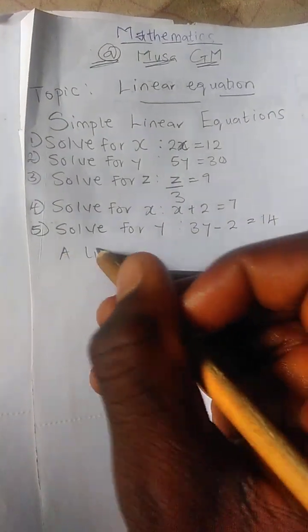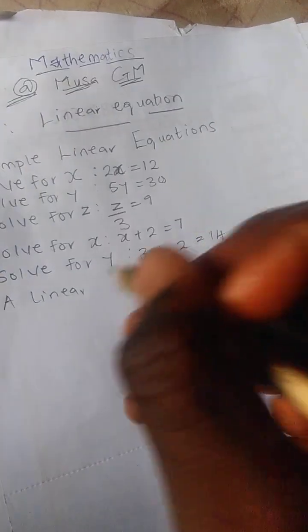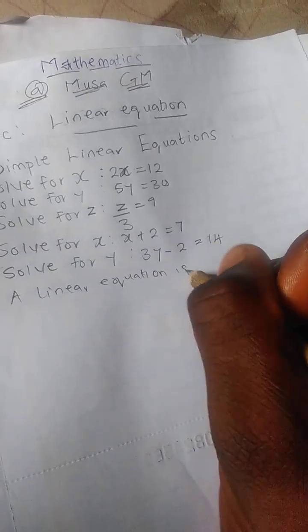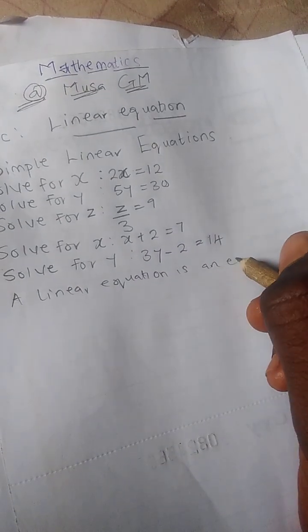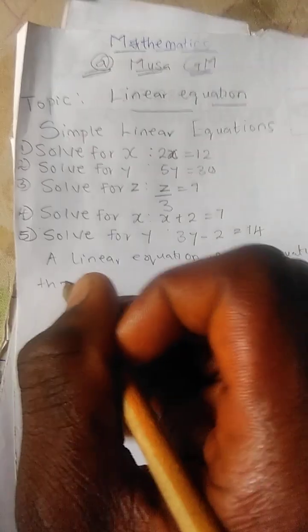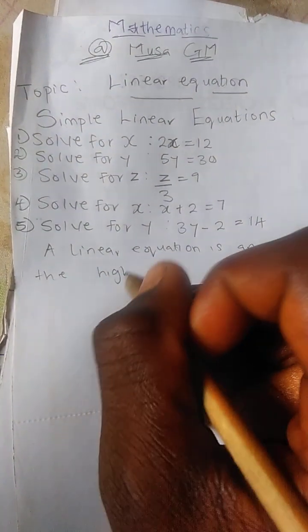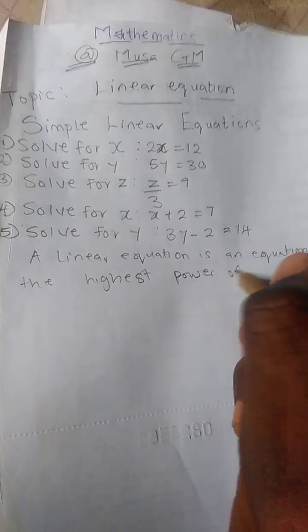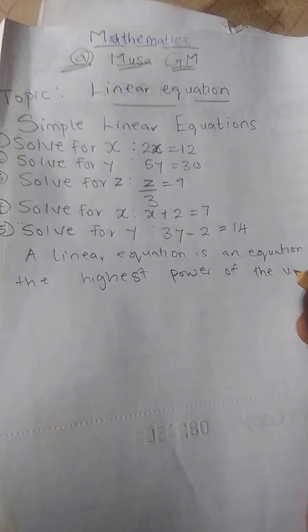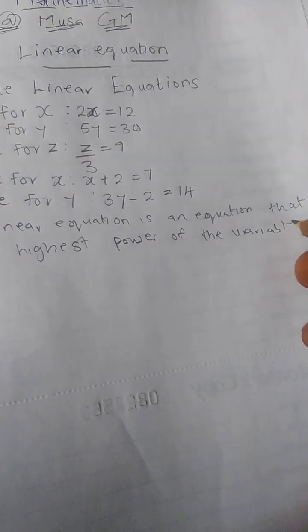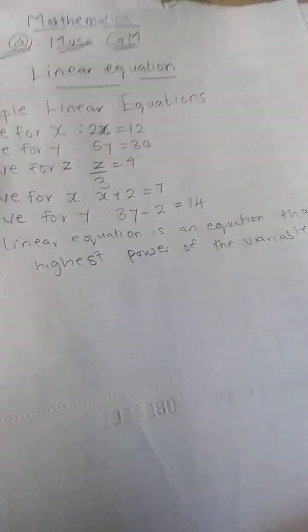A linear equation is an equation that the highest power of the variable is 1.